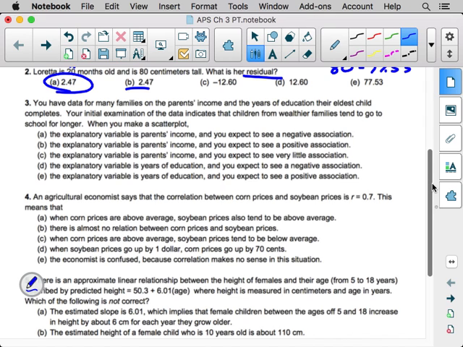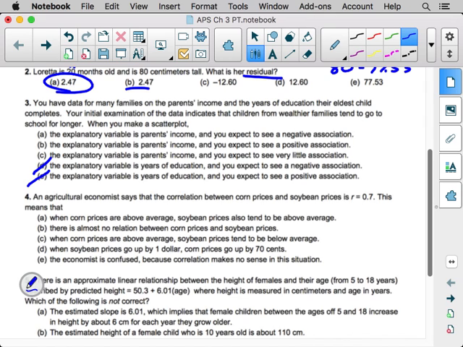Are we using the parents' income to predict how long their kids go in higher education, or the child's education to predict their income? The first one, right? Using the parents' income to predict, maybe that's an indicator of how long their children might be in school. So isn't the explanatory the parents' income? So right away, can't we rule out D and E? That doesn't really seem to fit what we think we're going to be using these predictions for.